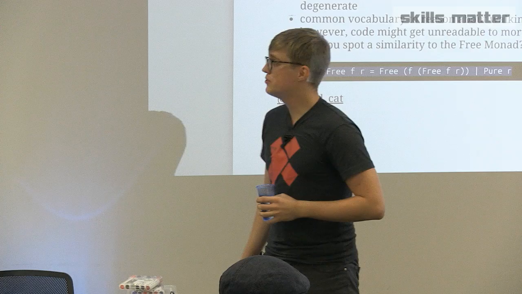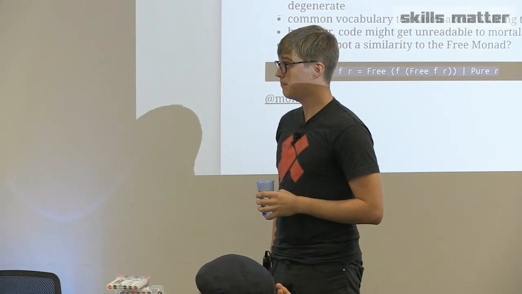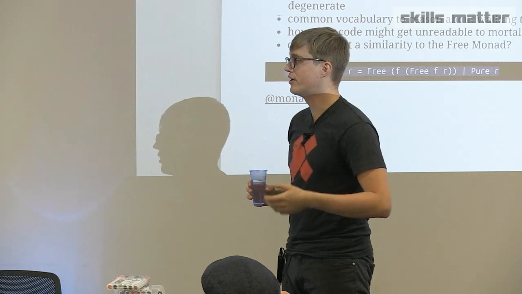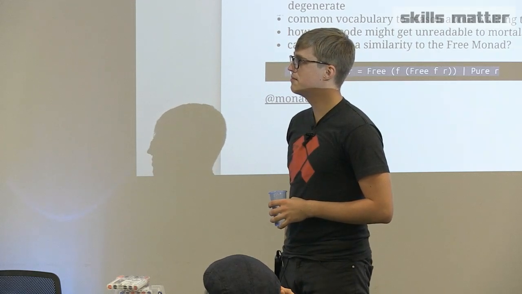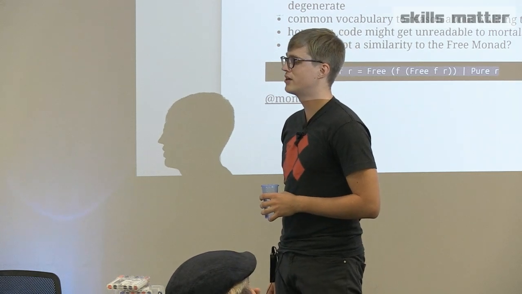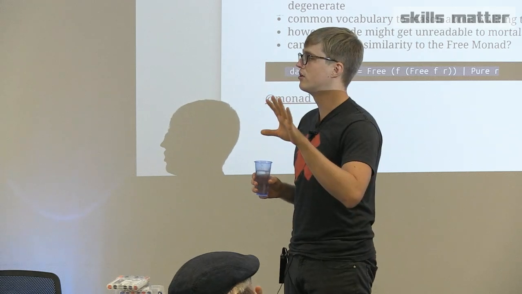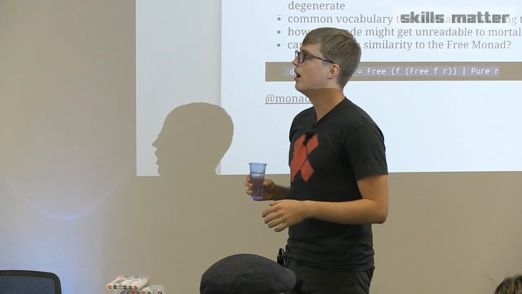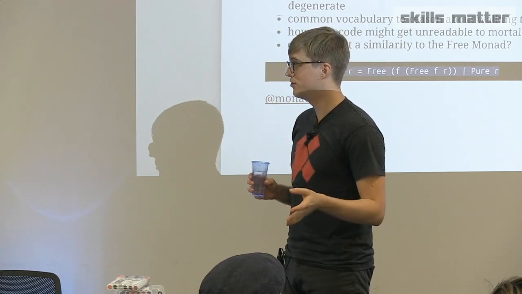And sometimes code written with recursion schemes is faster than code written in the standard naive recursion. The reason for that is that GHC is supposedly better at optimizing non-recursive code than it is at optimizing recursive code. So if you have a lot of meaty operations inside your non-recursive part, so inside the thing that walks the tree, it might be optimized better, and then you can get better performance.